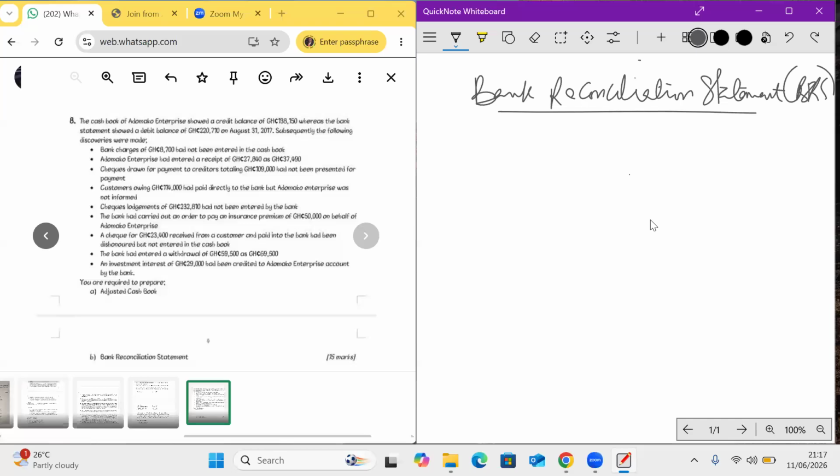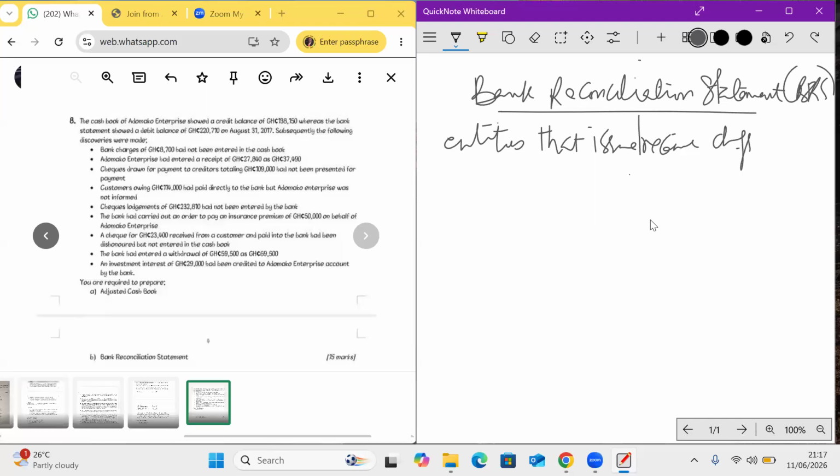Bank reconciliation statement is used by entities that issue checks. If you're a business and you issue checks, it also means you receive checks. So that issue and receive checks. Entities that issue and receive checks use bank reconciliation.